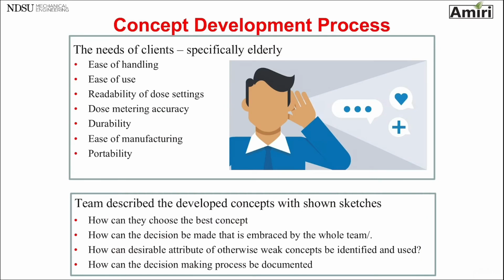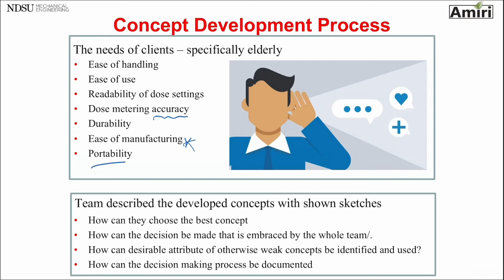It needs to have readable dose settings. It needs to be accurate. It's a medicine delivery, so it needs to be durable. Also, for the company's purposes, it needed to be easy to manufacture, and of course it needs to be portable.